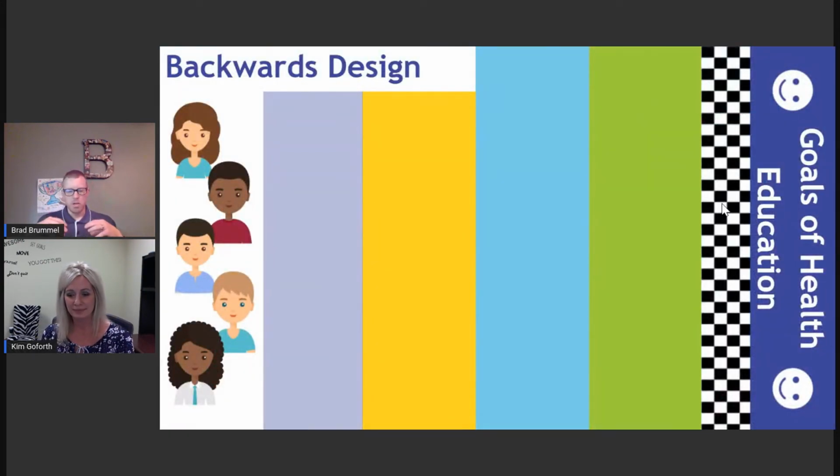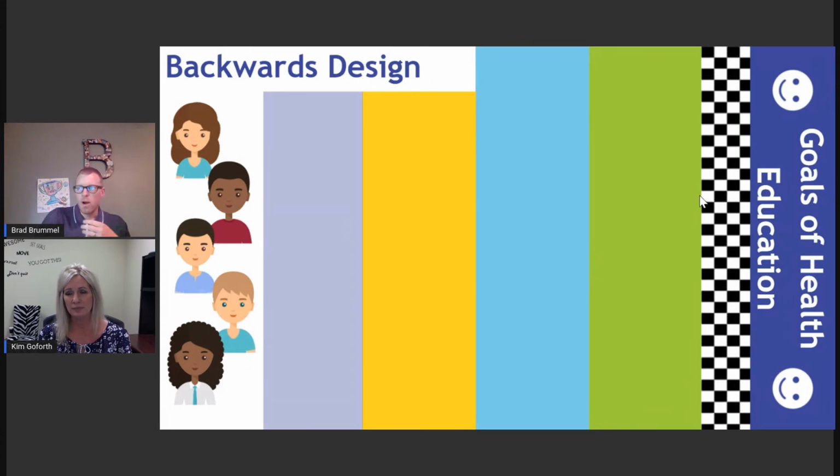So we're going to come back to the backwards design to kind of full circle here. And we just want you to use this model again, as you've spent lots of time reflecting. How are you going to make that shift to the skills-based health education planning, or how do you better yourself in your planning? And again, we just want to use this model as we're making that shift.